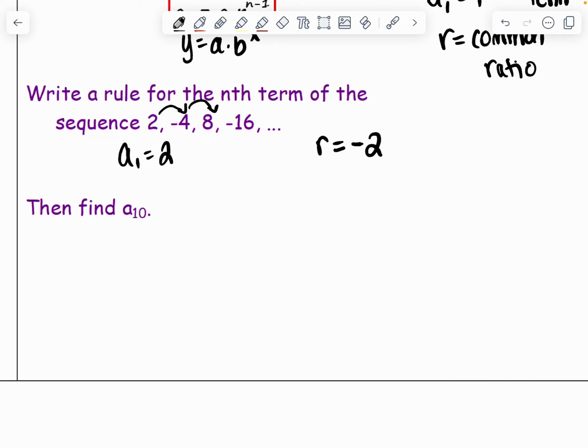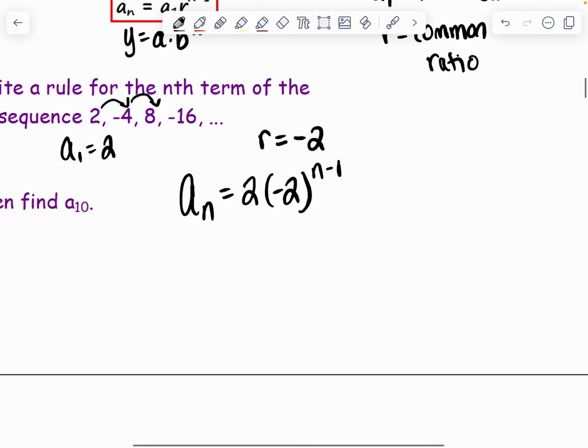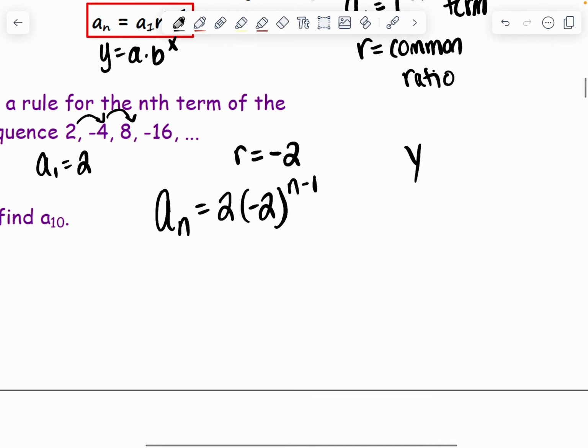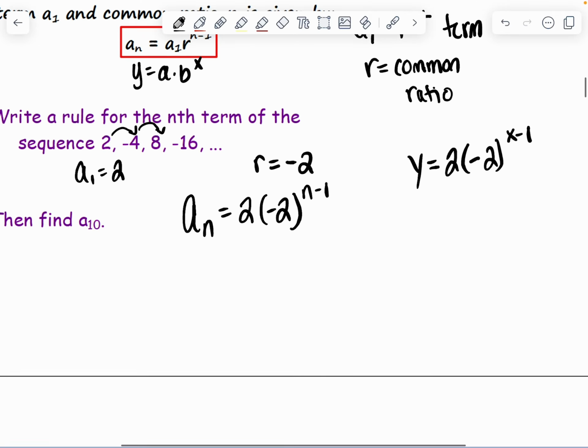So we can write a rule that would be like a sub n equals 2 times -2 to the n minus 1 power. And remember, that's going to be really similar to just doing y equals 2 times -2 to the x minus 1 power, except we're using a sub n. Typically, instead of y, you're used to seeing f of x. That's the same thing. So a sub n is just like f of x.